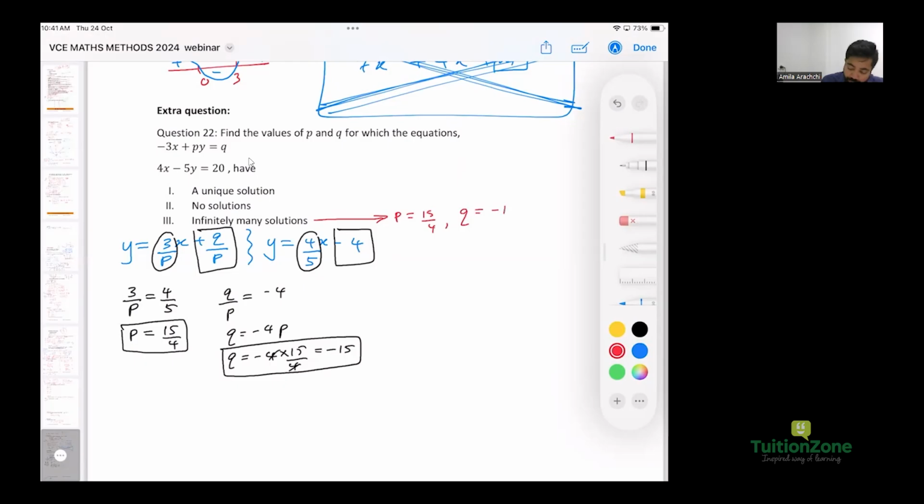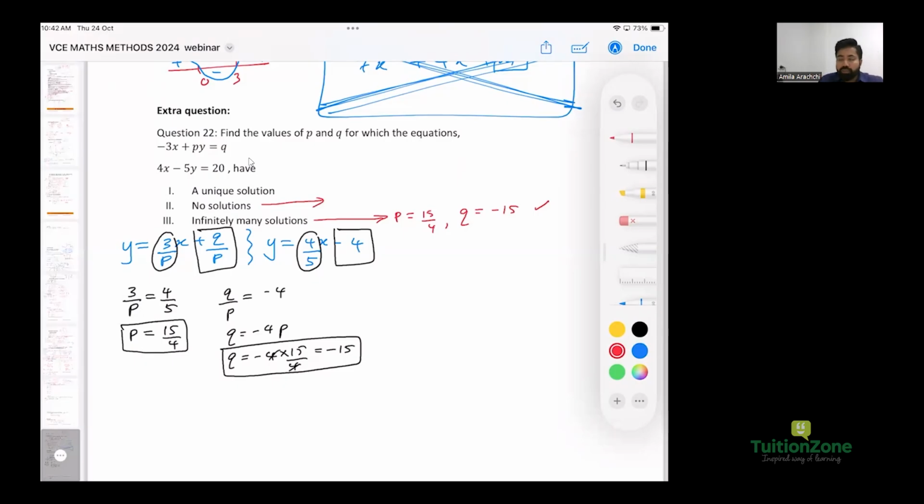Q must be negative 15 to get the same y-intercept. Is that true or false? That's true, isn't it? And that's why if P is 15 over 4, Q is negative 15, definitely have the same gradient and the same y-intercept. Yes, that's done.